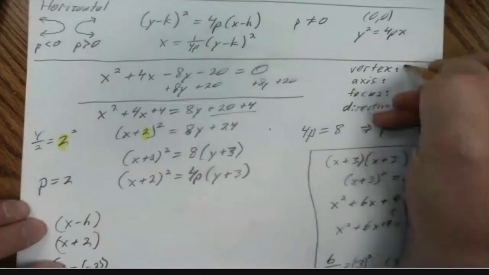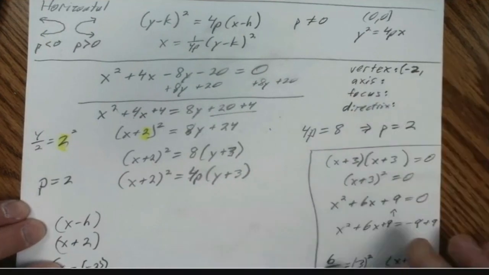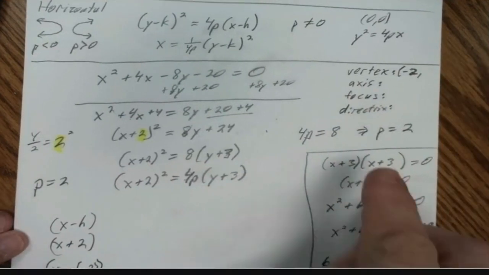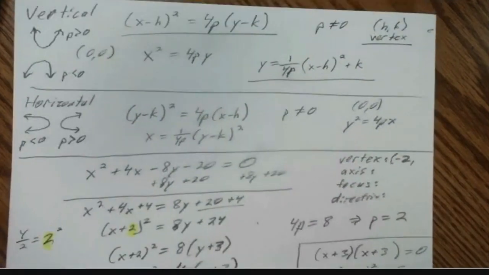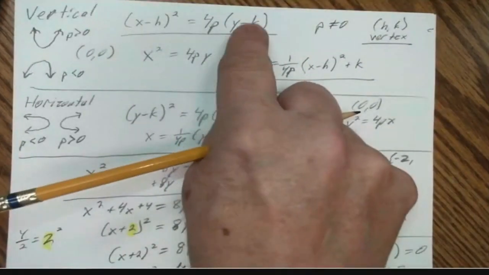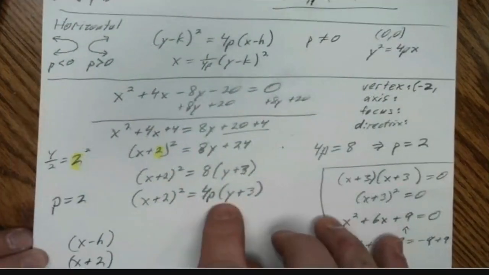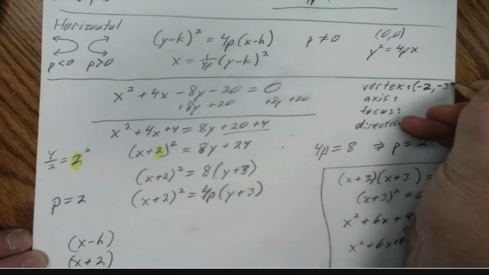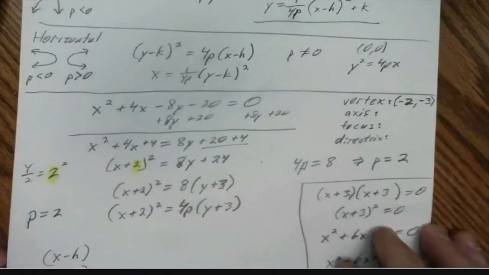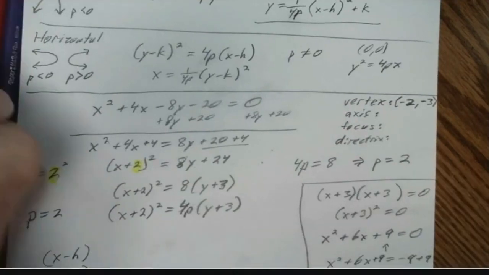The equation says y minus k, and ours is y plus 3, so it must be y minus negative 3. So our vertex is negative 2, negative 3. We got one piece of it done.